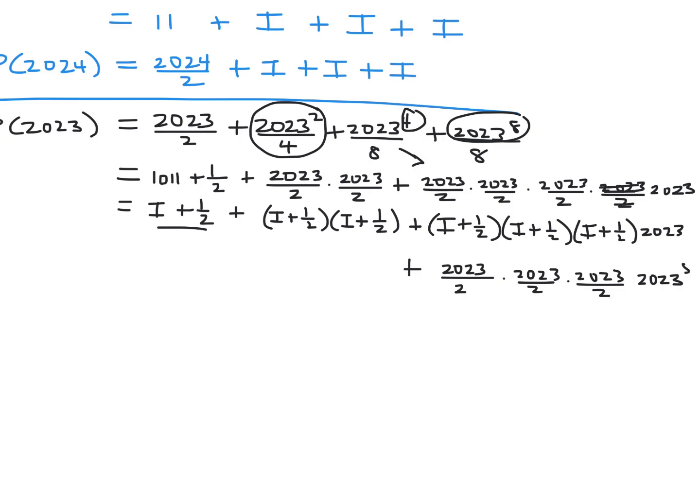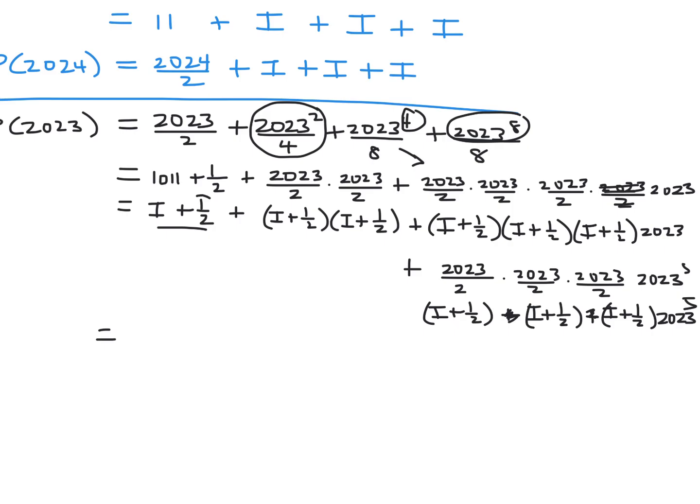And then each of these guys is an I plus a half, if you were just to put it in terms of the I's. Yeah, and then this is a multiplication, and then a 2023 to the power of 5. Okay, so let's see. We're going to have a whole bunch of i's, and the i's are integers, so we don't care.